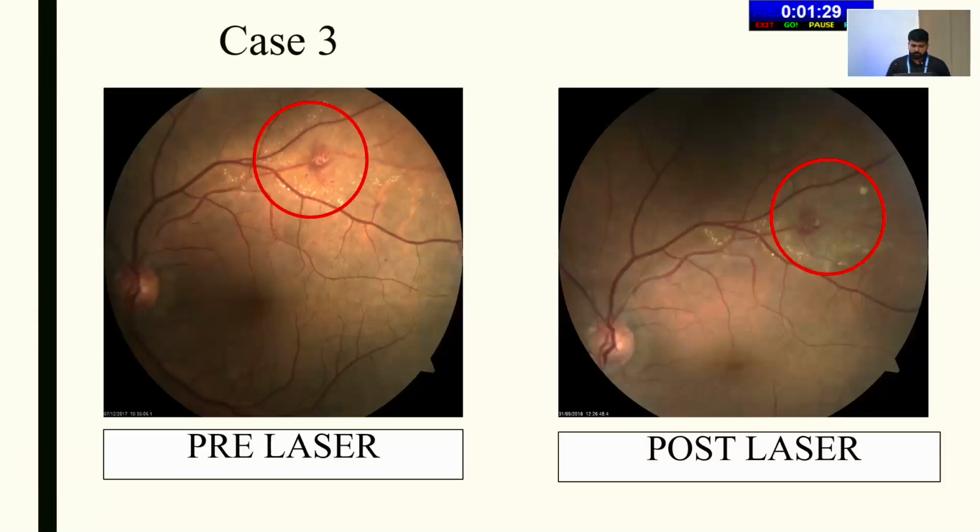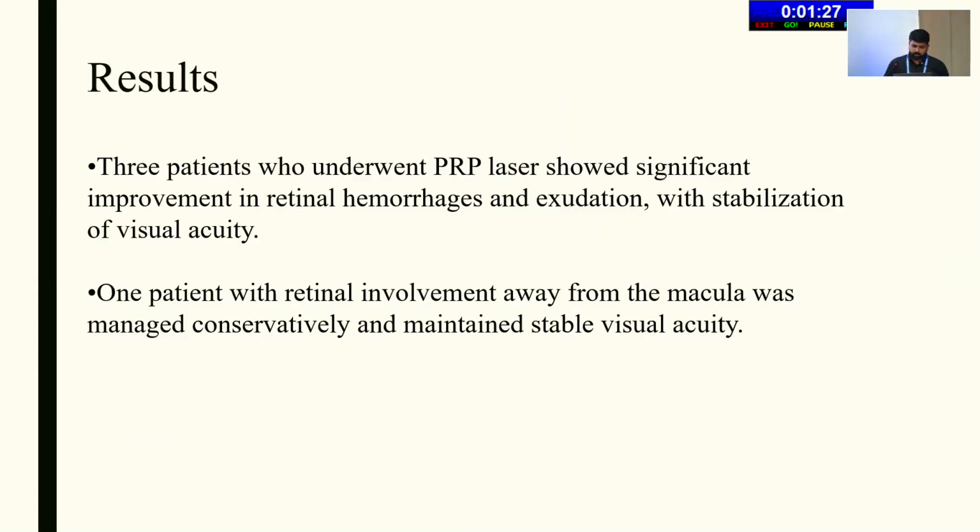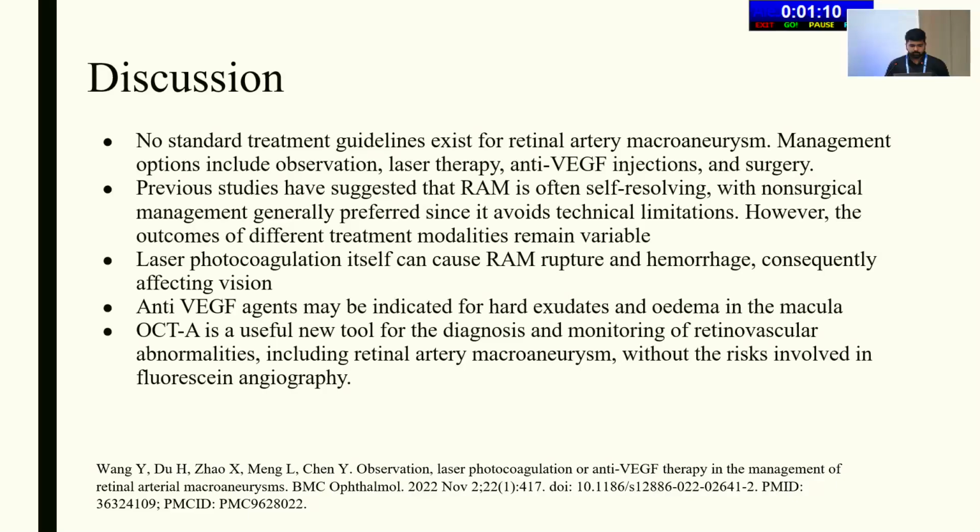Among the 3 patients there was an improvement in hemorrhages and exudation post laser. In the last case we followed them up, and there was no deterioration or increase in hemorrhage, and the patient was stable with their vision.